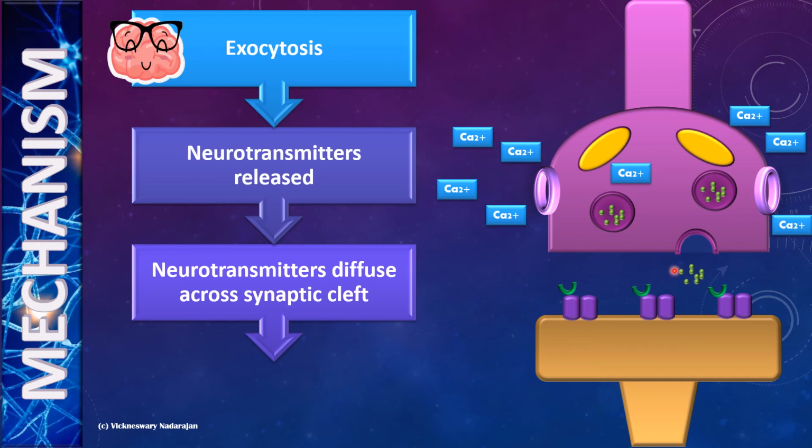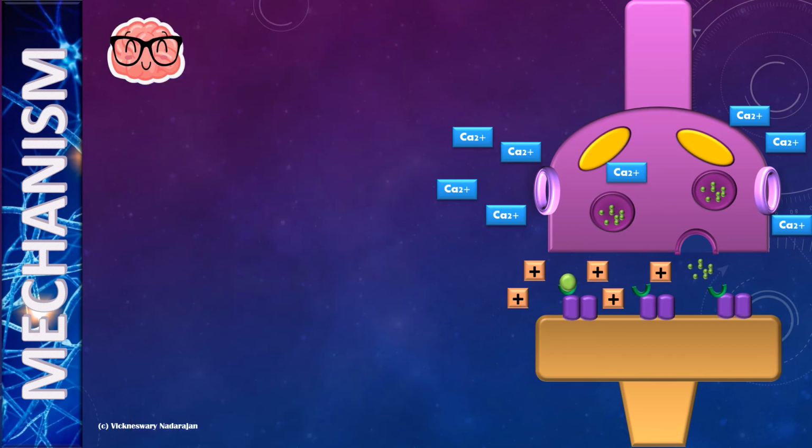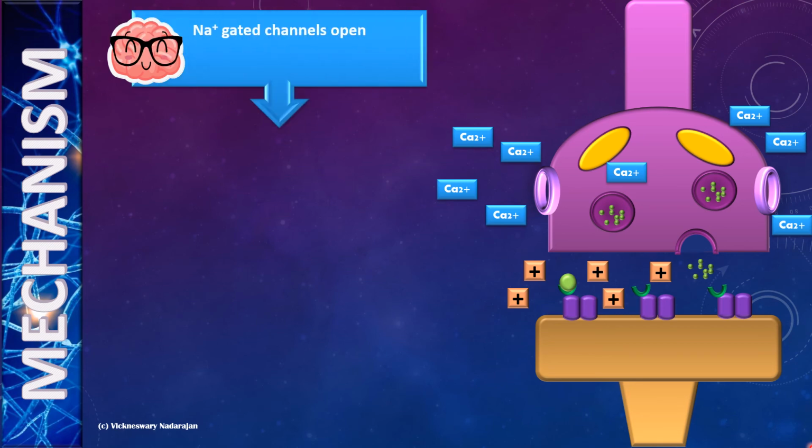Then, these neurotransmitters will attach to the protein receptors located on the sodium ion voltage gated channels. The binding of the neurotransmitter to the receptor will stimulate the sodium gated channels to open.